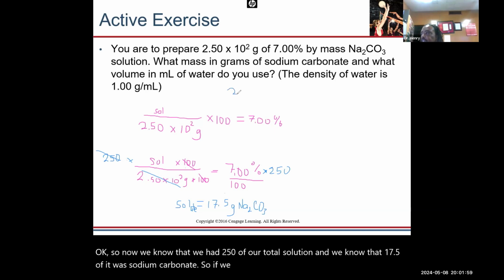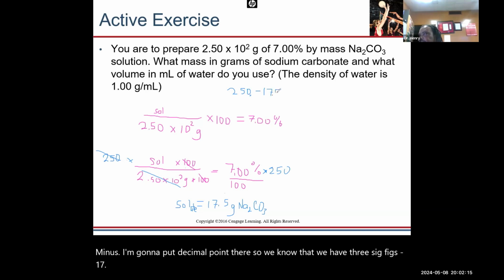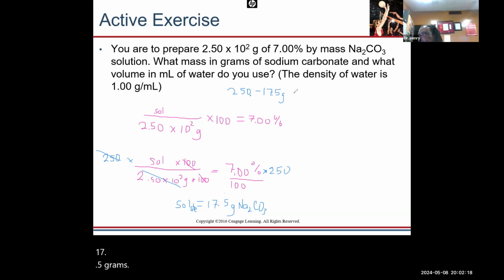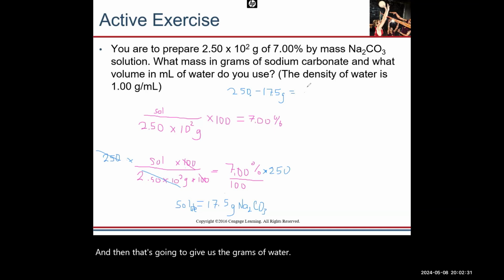So we go 250 minus 17.5 grams, and that's going to give us the grams of water. So we have three sig figs, 232, and since it's the 5, just keep it, so it's 232 grams.